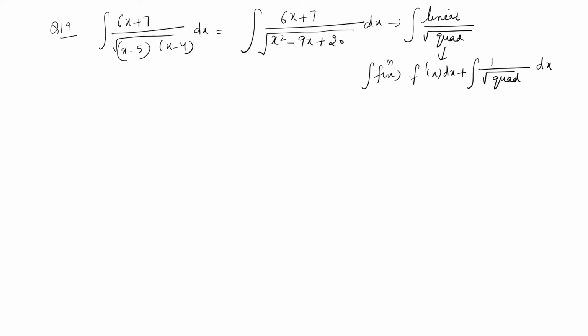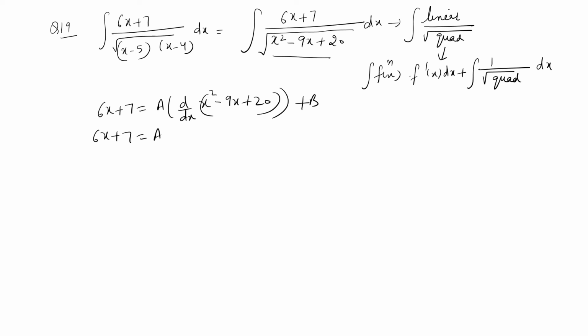Okay, so just for this splitting, I need to put this linear as a times d/dx of my denominator, or the quadratic without this root, x square minus 9x plus 20, plus b. So it is 6x plus 7 is a times 2x minus 9 plus b, which is 2ax minus 9a plus b.